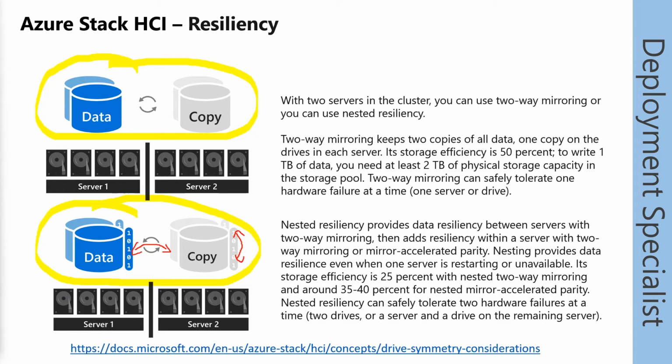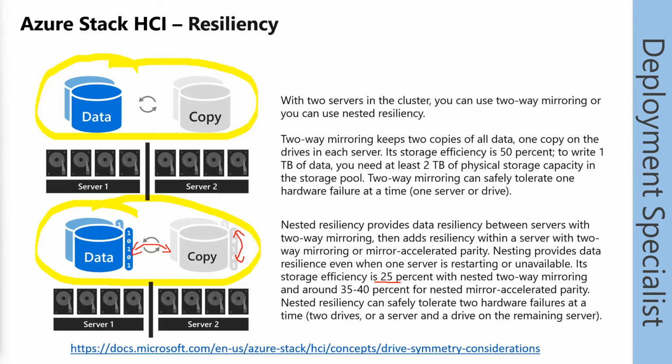For sure, this means that you only have 25% usable capacity, or your footprint of your volume is 4 times the size of the volume itself. But your advantage is you can survive a server failure and an additional drive failure in the remaining server. So if server 1 is down for maintenance or unplanned situation, then you can lose an additional drive in server 2 without any impact on your data. So I would always recommend to use the highest available redundancy level.